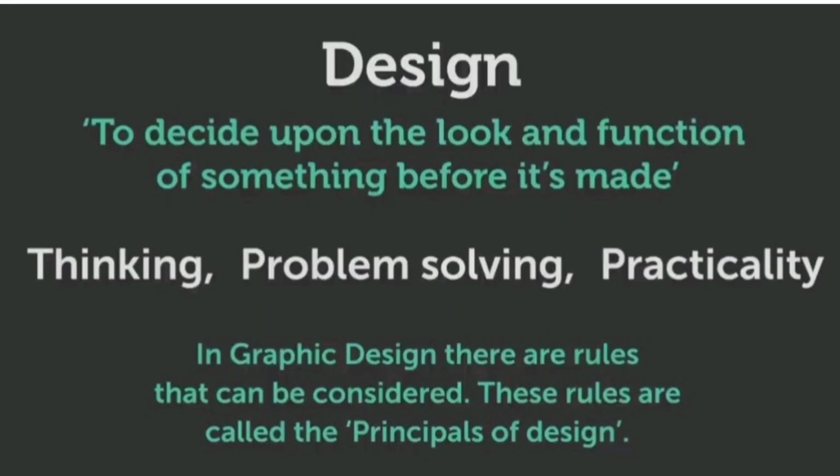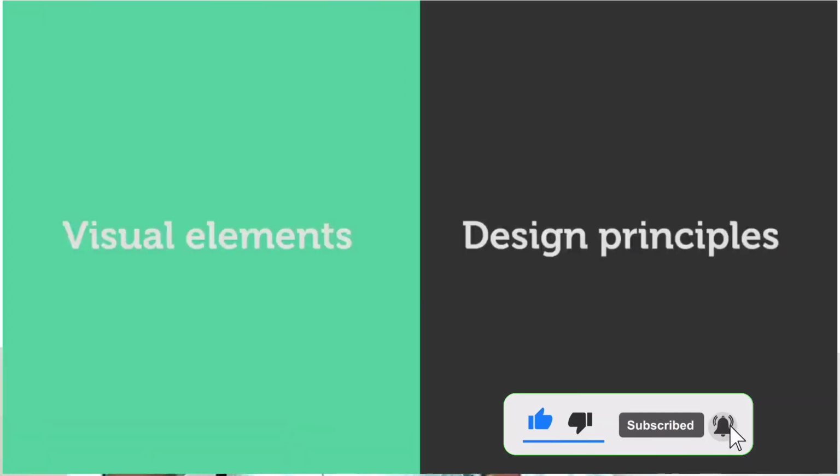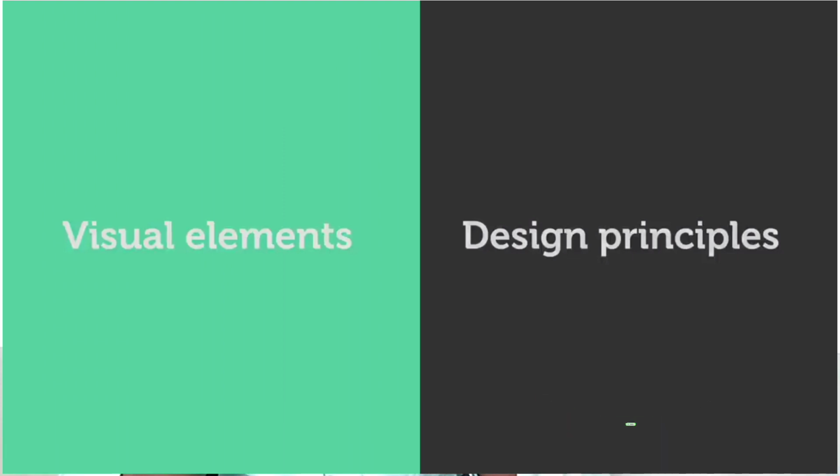In graphic design, there are rules that must be considered, and these rules are called principles of design. We'll discuss it further as we progress in this video. Therefore, when you combine visual elements and design principles, you will get graphic design.